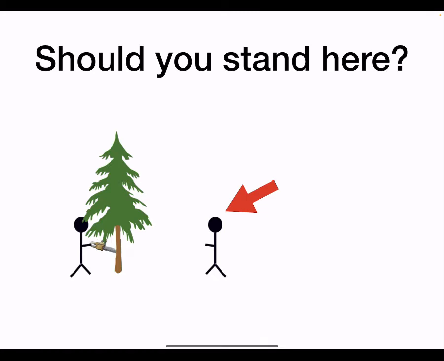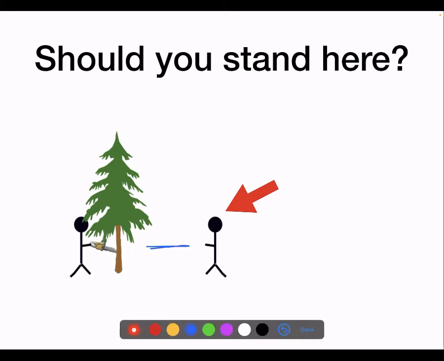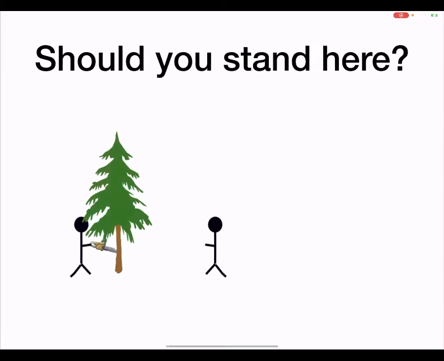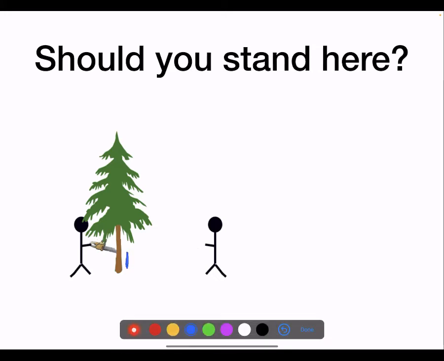Now that is a real world problem, a regularly asked question. But if you're building a model in physics, there are some other questions you should ask. For instance, how far away is this person from the tree? How high up is this person cutting the tree? We also would want to know which direction the tree is going to fall.